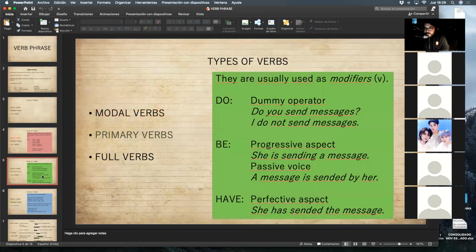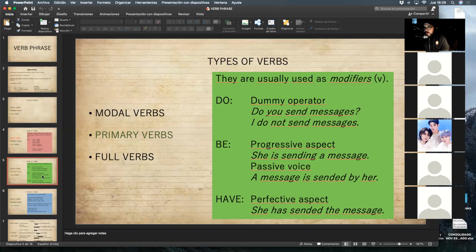Then we have primary verbs. Primary verbs are verbs which can perform the role of auxiliary verbs and main verbs, right? There are three of them: do, be, and have.